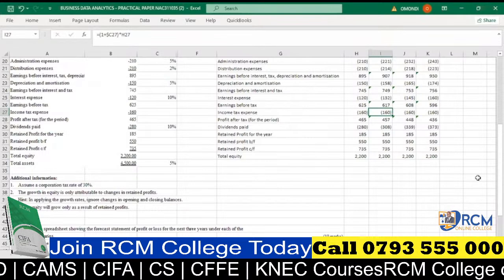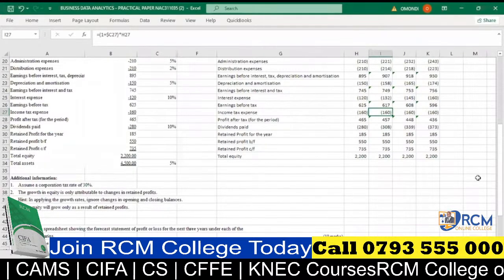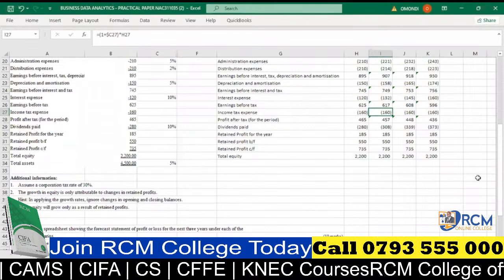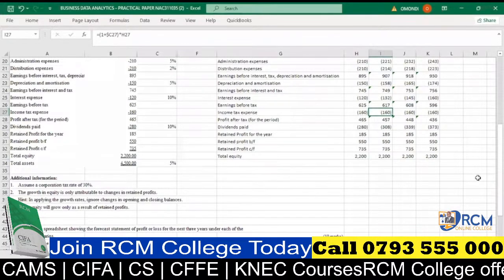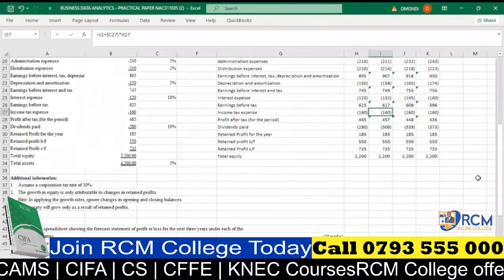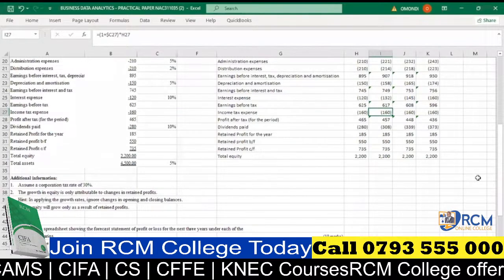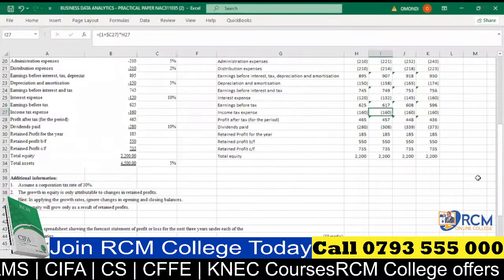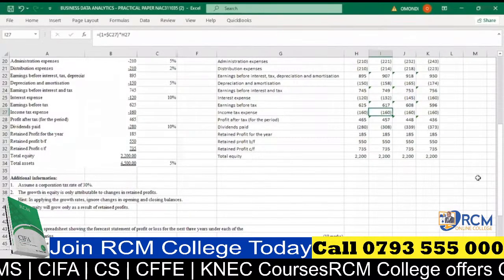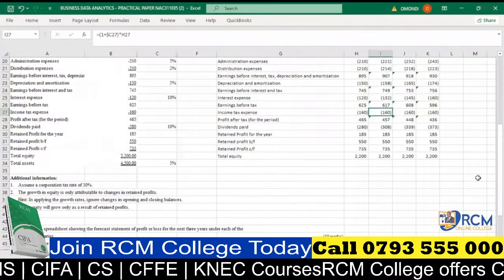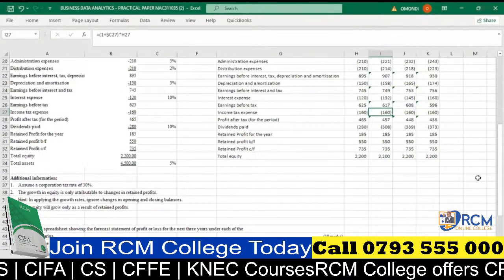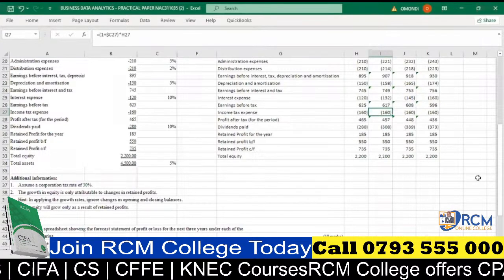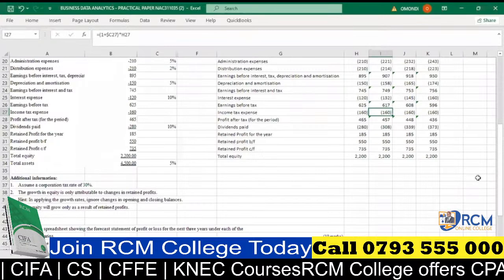Not 160, although 30% by 617 plus 185. So somebody is telling us that we take earnings before tax, then we add, what is this 185? Then we add profits.